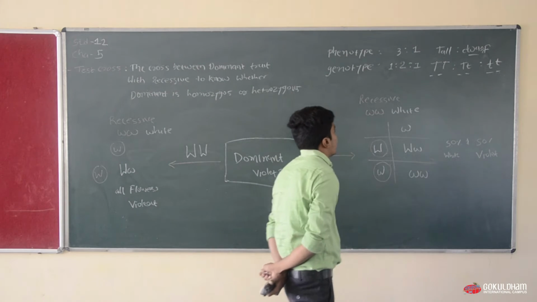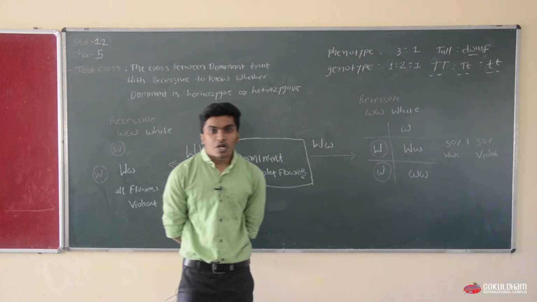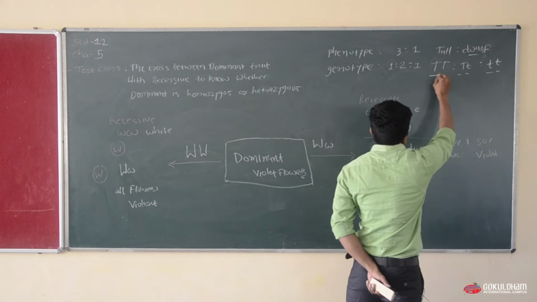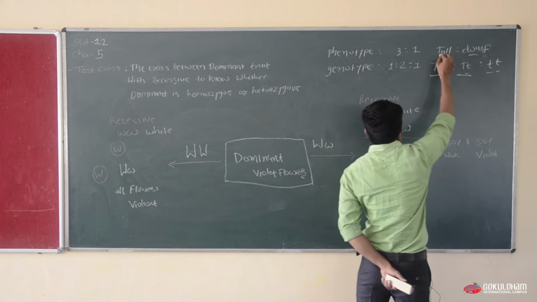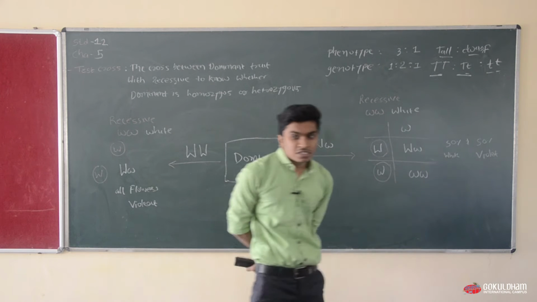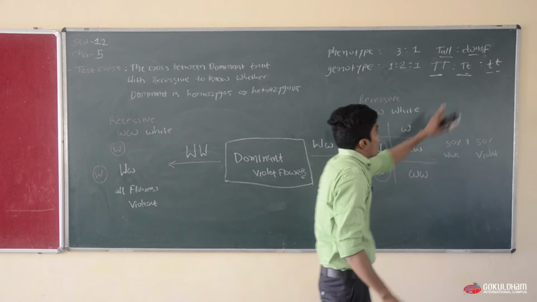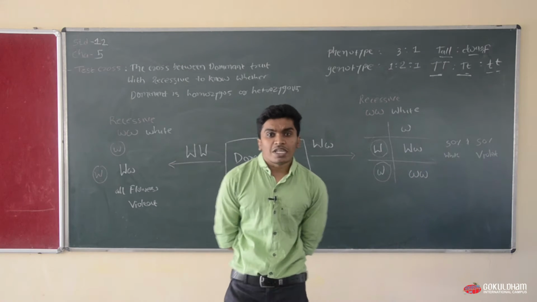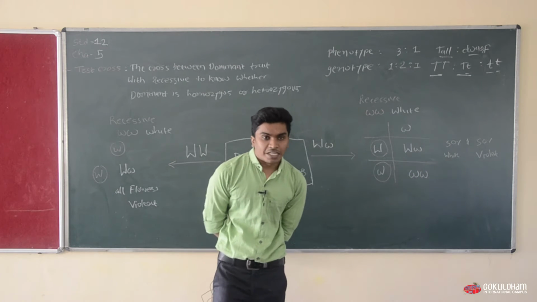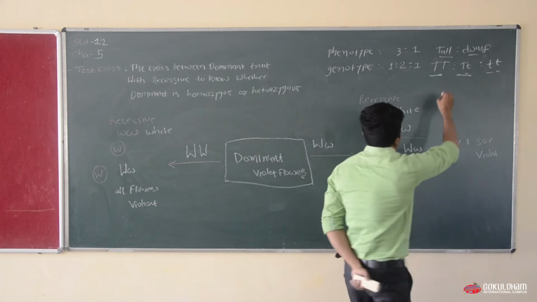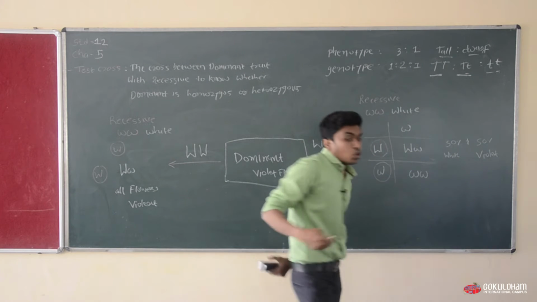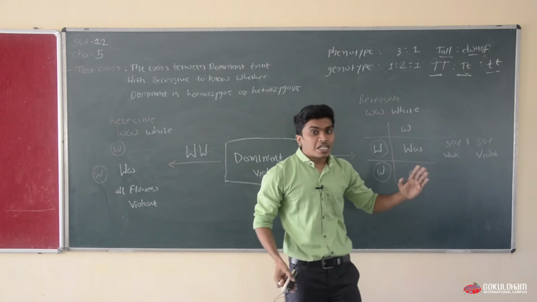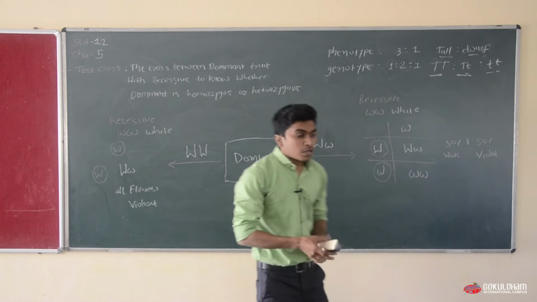But the problem comes in a tall plant or dominant character, where there are 2 genotypes and only 1 phenotype. So for a tall plant, either of the 2 genotypes can be present. So how can we determine which genotype is present in a tall plant?